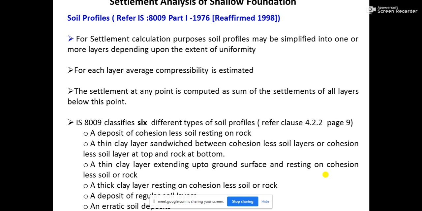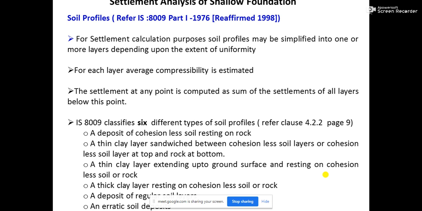So IS 8009 has classified the soil profile under 6 categories. Obviously, for the settlement calculation purpose, these soil profiles are to be used. And for calculation purposes, you need to model the profiles in a simplified manner. That is what the Indian Standard Code has done.